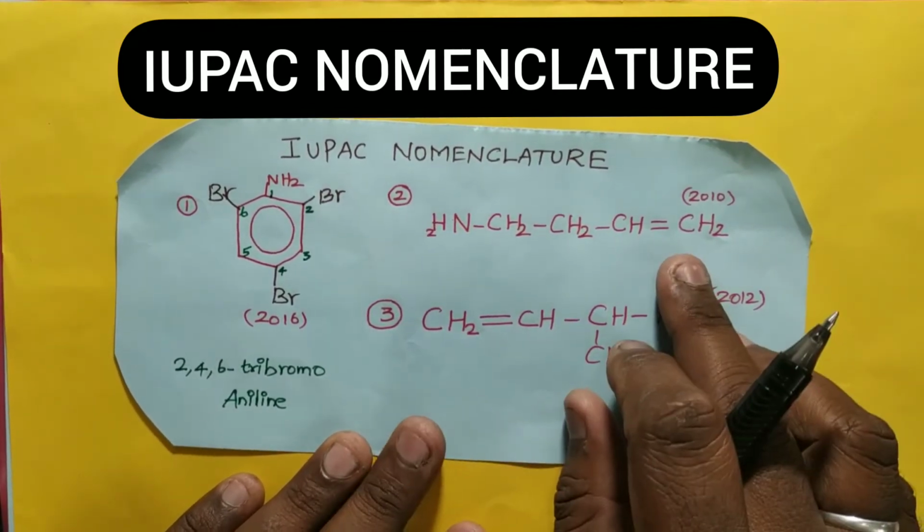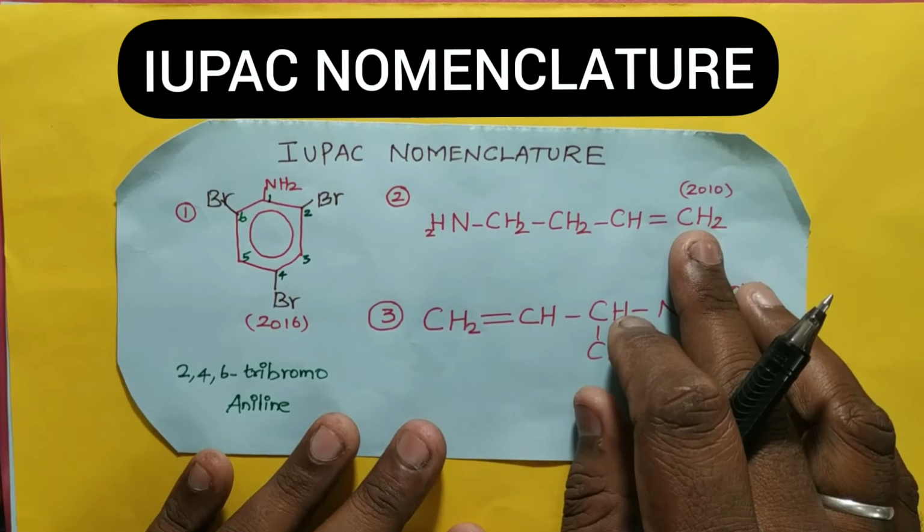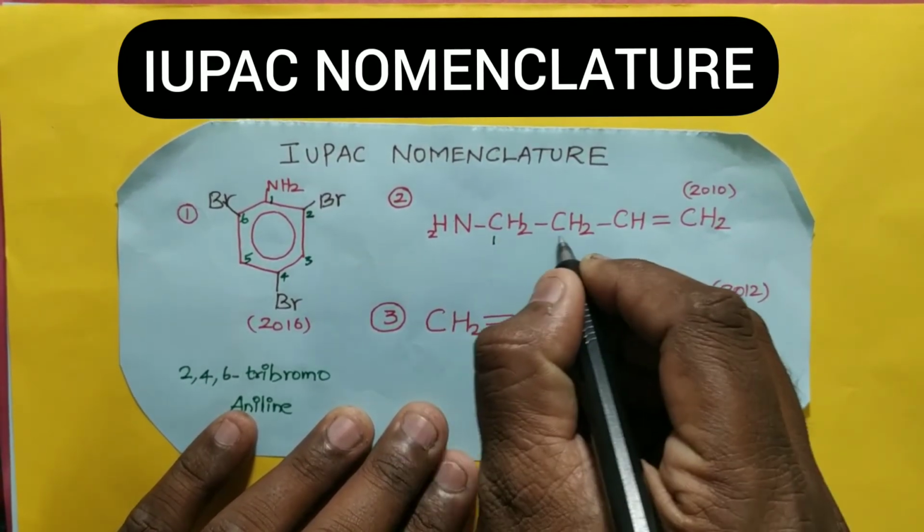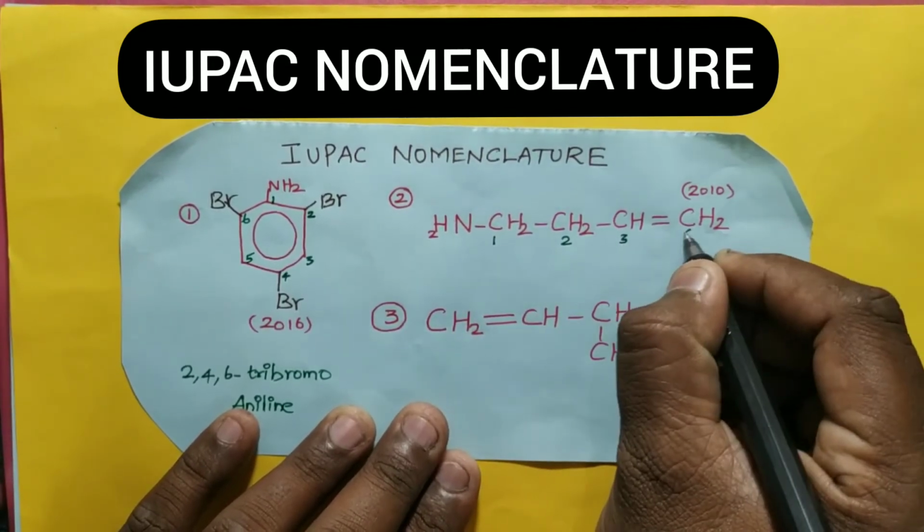And second, this was asked in the year 2010. You just look at what the things are. Here the functional group is at 1, 2 and 3, here it is 4.